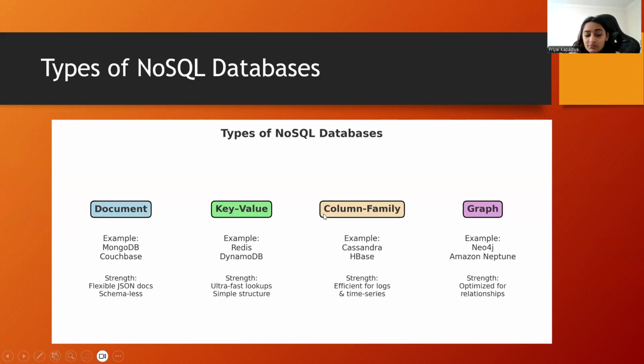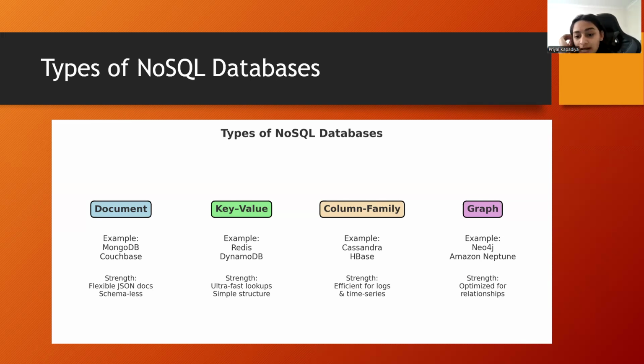I have added one diagram over here, and that will represent all the types of NoSQL databases. The first one is document database, such as MongoDB, which stores flexible JSON-like data. Then the other one is key value stores like Redis, which are incredibly fast for caching, and then the third one is column family stores, like Cassandra, that handle huge amounts of log or time series data.